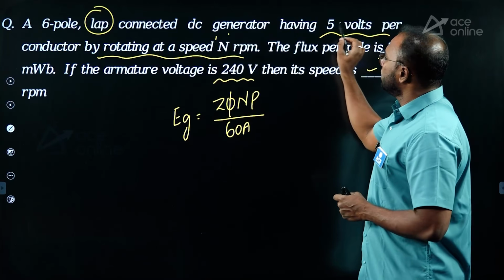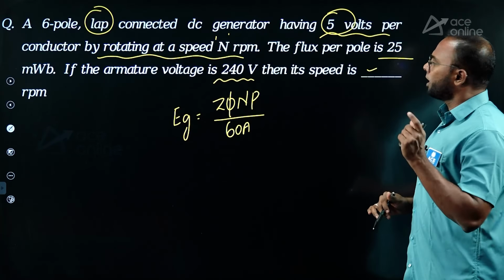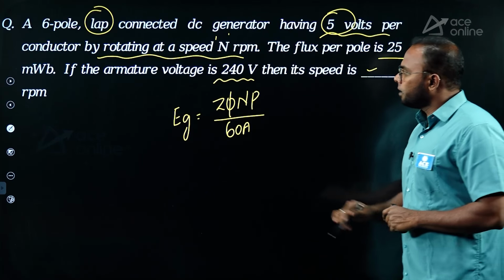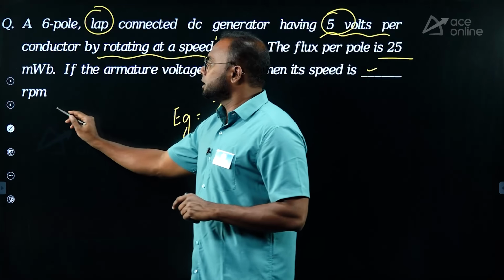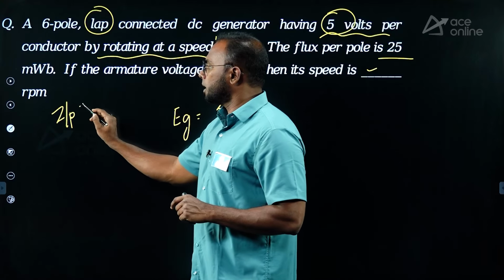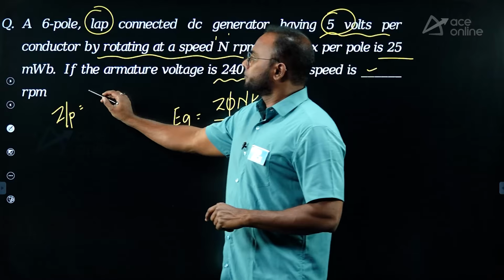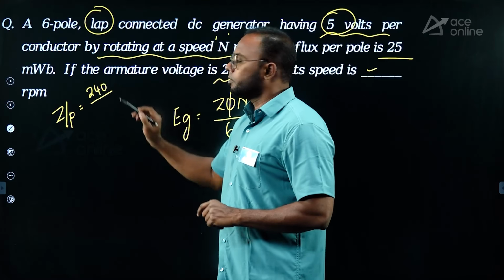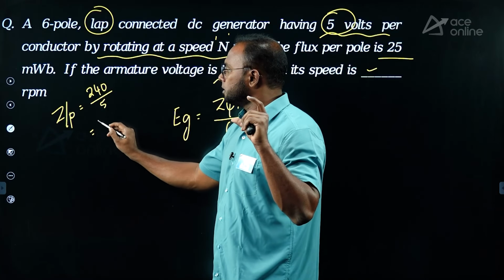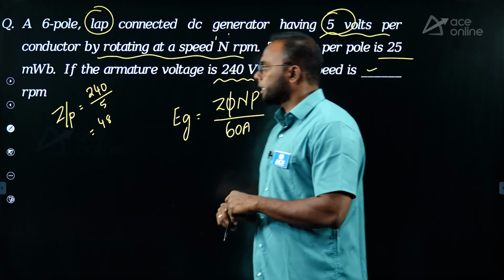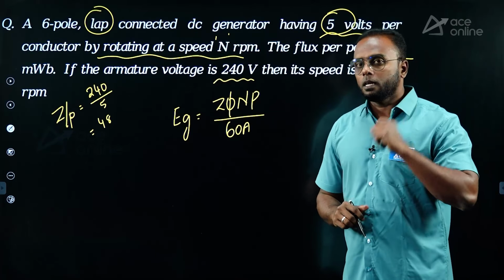Given that the generator has 5 volts per conductor, and the total voltage of one parallel path is 240, the number of conductors in each parallel path is 240 divided by 5 volts. Simplifying, we get 48 conductors per parallel path.